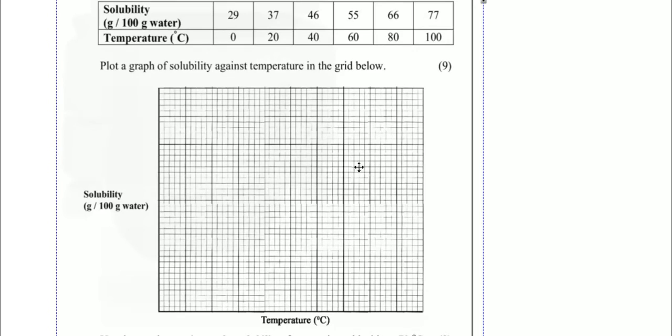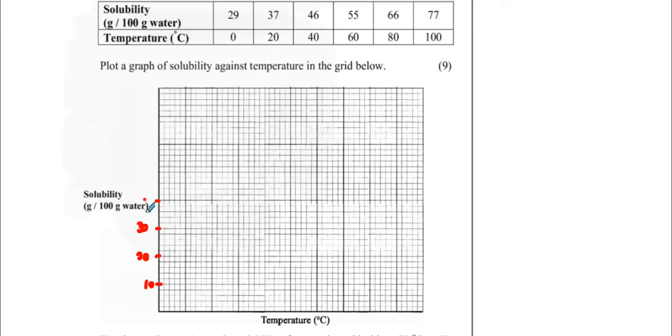Okay, so I have to go from 0 to 77 on this axis. I'm going to make every 5 blocks worth 10. Hopefully that will work out for me. 20, 30, 40, 50, 60, 70.